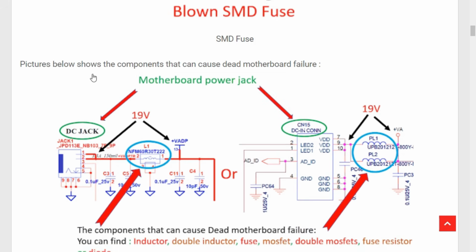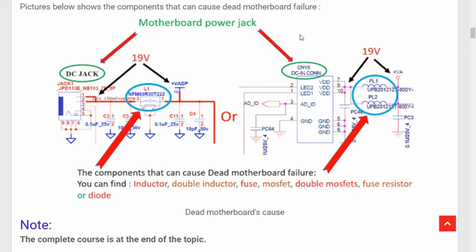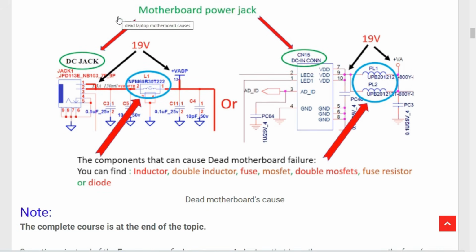The pictures below show the components that can cause dead motherboard failure. As you can see here, this is basically the motherboard power jack. Here we have two schematic images. This is the power jack in this image, and over here we have the power jack as well. We have 19 volts here on pin number 1 and pin number 2.